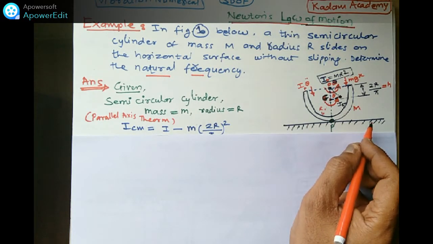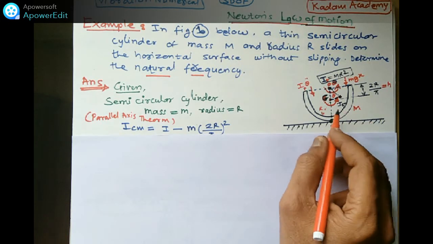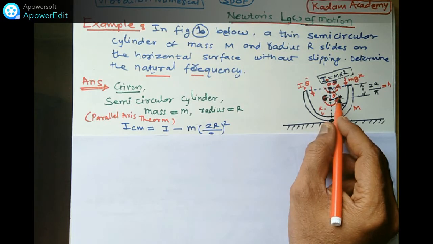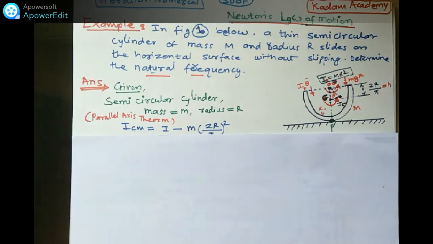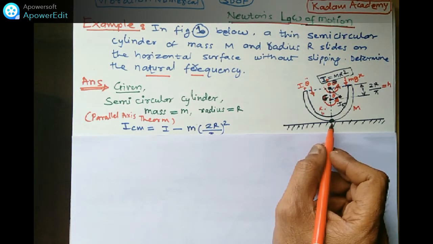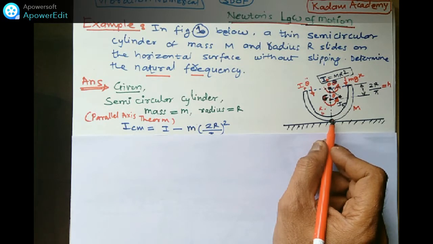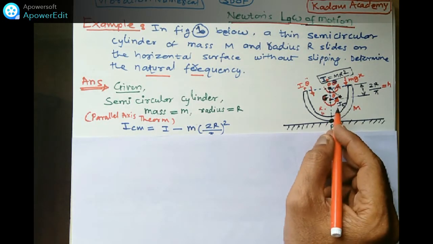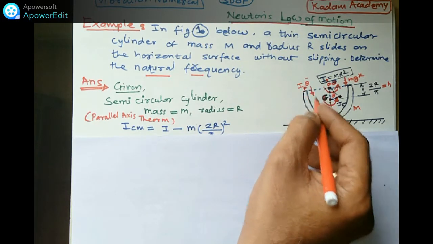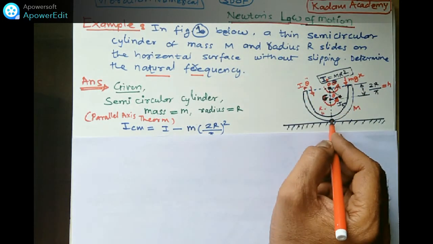When it is deflected by angle theta, what will happen? It is seen that the self-weight creates moment about the point P. So we have to find out the moment of inertia about point P. For this we require to find out IP, the moment of inertia about point P, where it will touch.